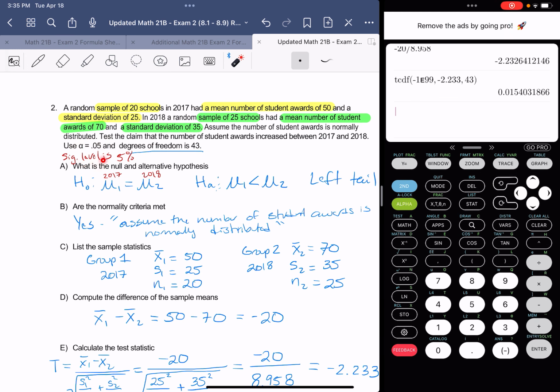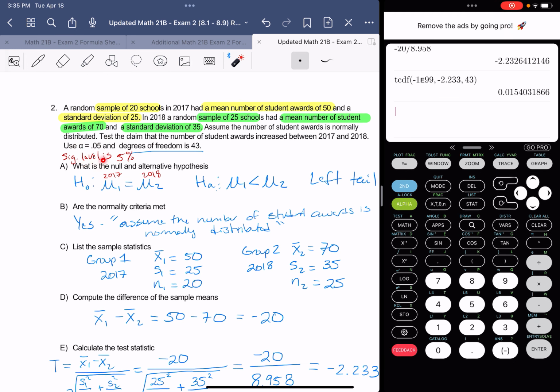And then lastly, we state a conclusion in the context of the problem. So at the 5% significance level, do the sample data support or not support the claim? Support. Good.